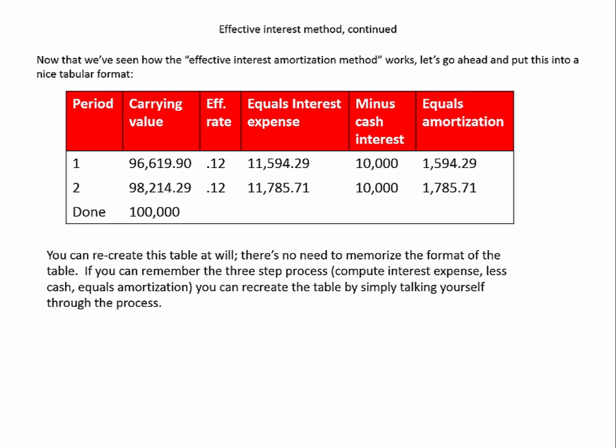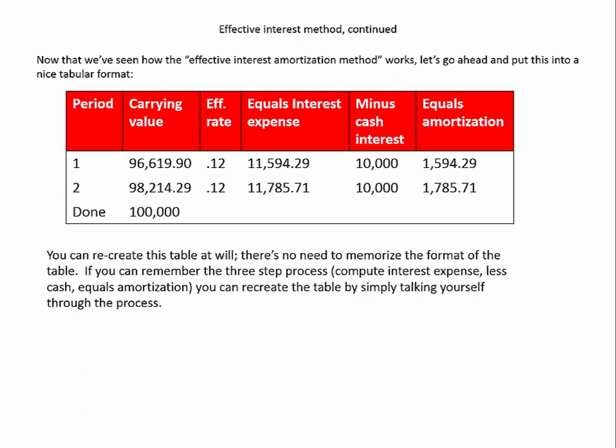So basically, if you look at the first row of numbers, we take the carrying value of $96,619.90, add or subtract the amortization of $1,594.29, and that gives us our carrying value for the next period. For year 2, we start with a carrying value of $98,214.29. We add or subtract, as the case may be, the amortization for the period, $1,075.71, and that gives us our beginning of year 3, end of year 2 carrying value of $100,000.